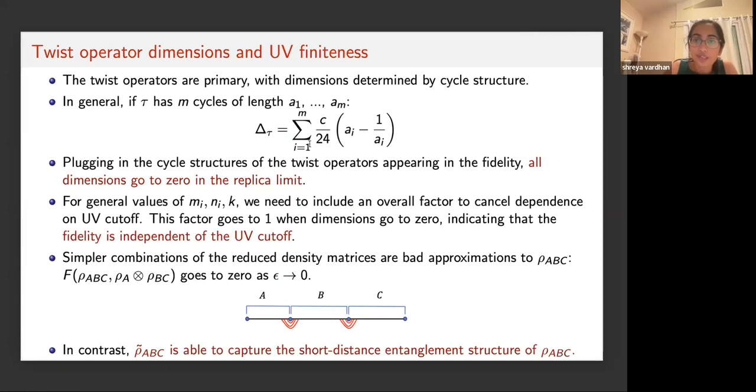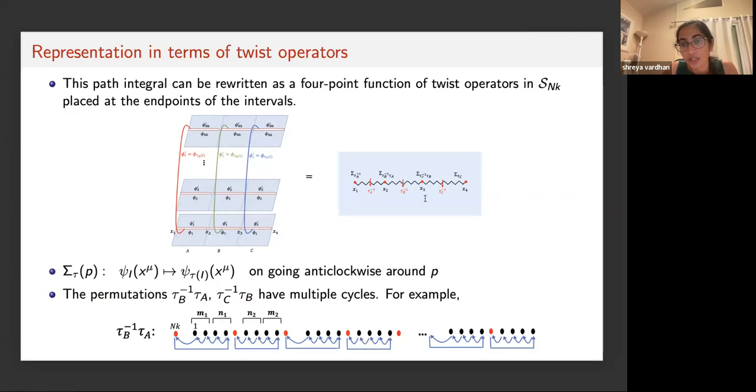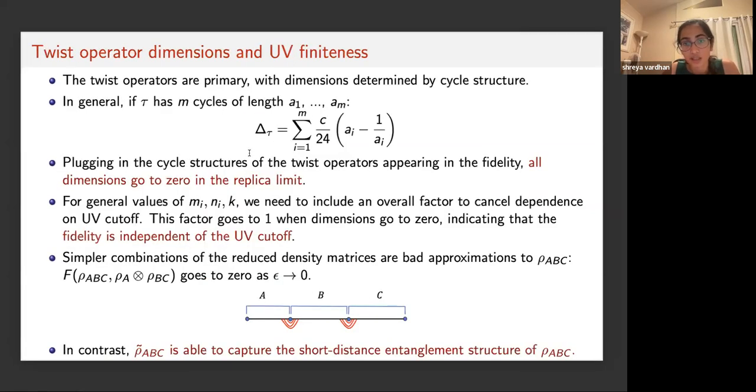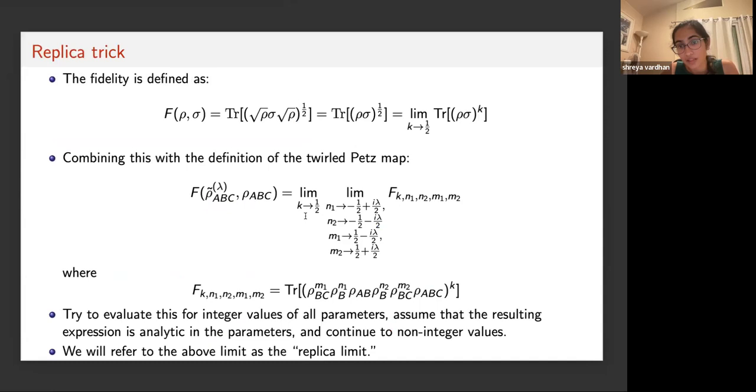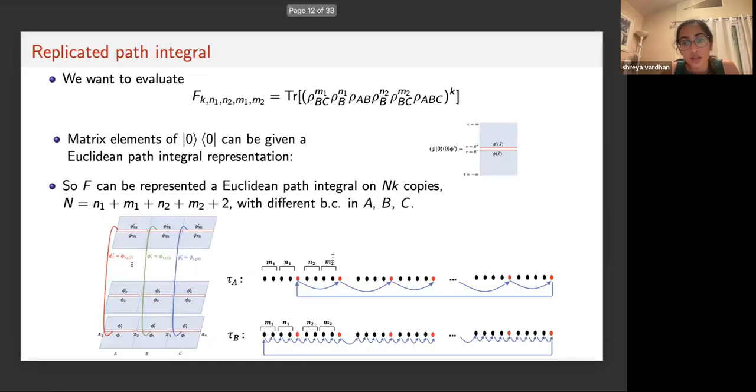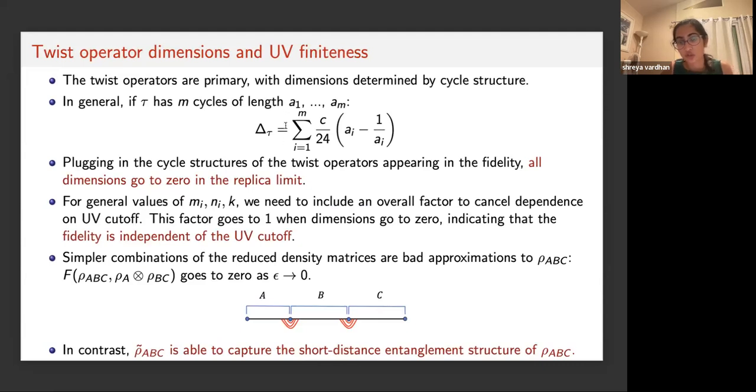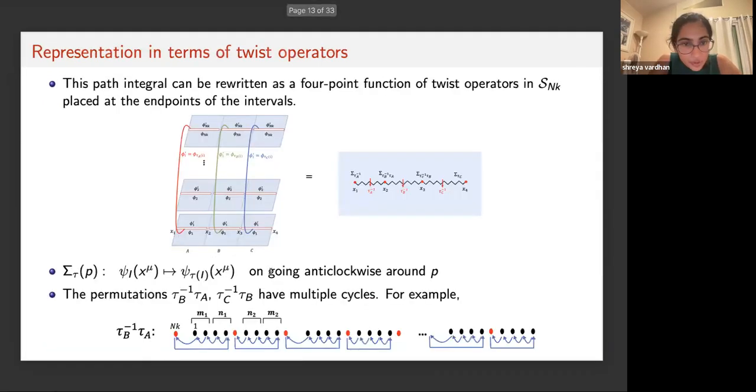But one thing you can observe is that if you plug in the cycle structures, which I haven't described for all 4 permutations, but for each of them, you can see that if you plug into this formula and take the replica limit, with these particular values of K, N1, N2, M1, M2, then each of these dimensions just vanishes in the replica limit. One consequence is that the fidelity is a UV finite quantity, because in principle this 4-point function was not normalized.